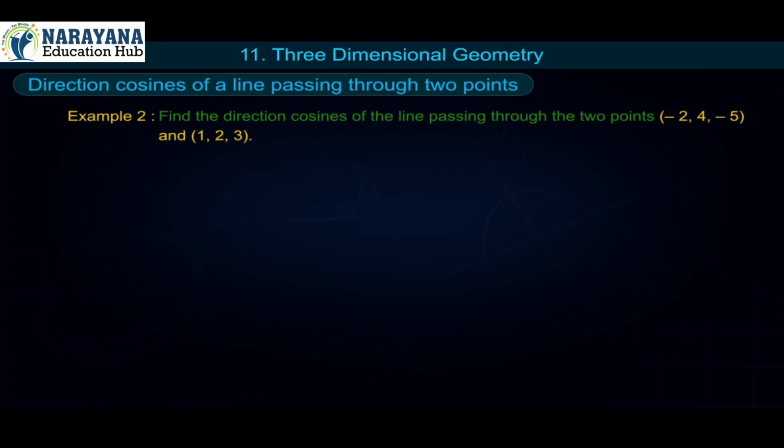Example 2. Find the direction cosines of the line passing through the 2 points (minus 2, 4, minus 5) and (1, 2, 3). Solution.